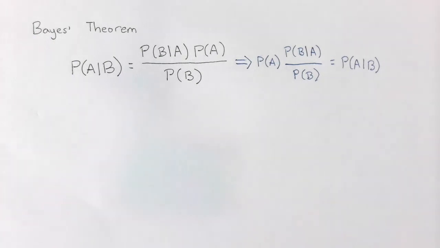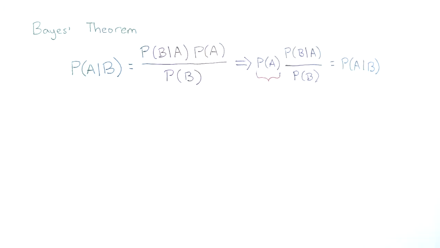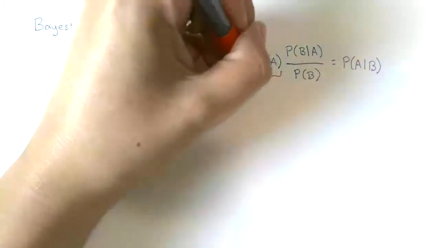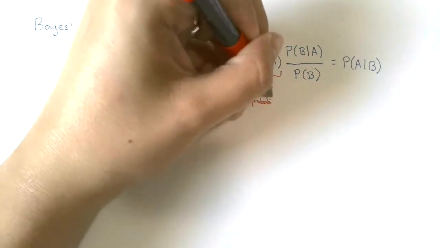So how does that work in this equation? Well, if we look at A and B as events that occur, two different things that happen that, as you can see, are not really independent of each other. They affect each other. And if A is our target event, the event that we're trying to quantify, then the probability of A is going to be our initial probability, or as you may know, the prior probability.